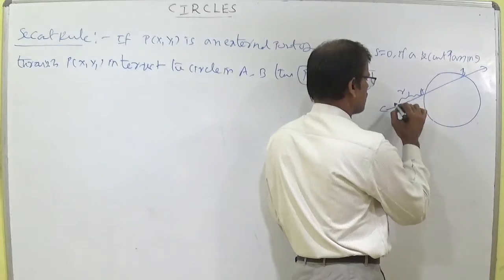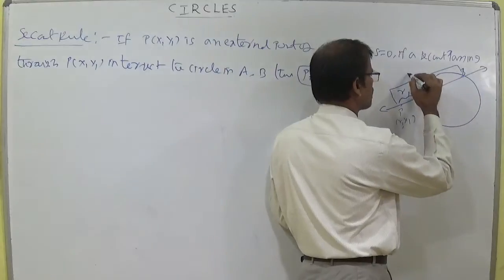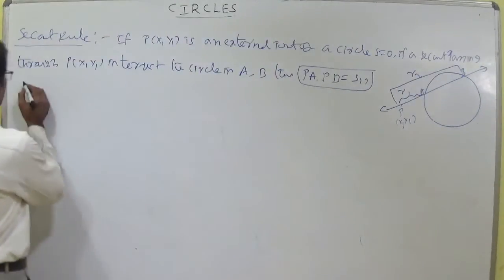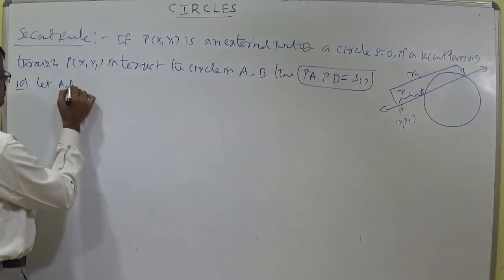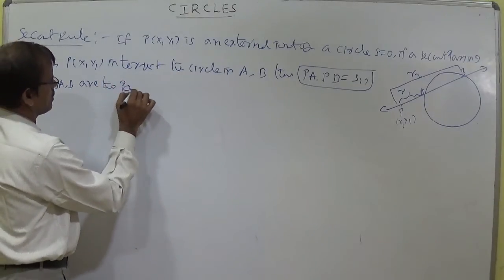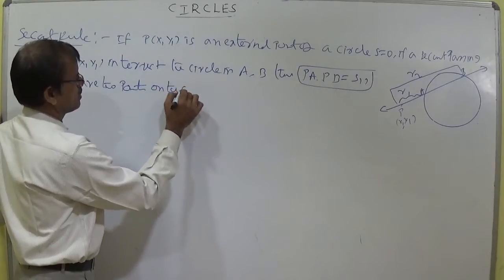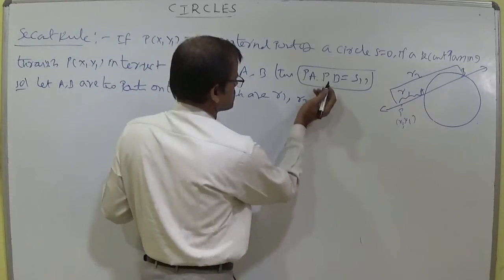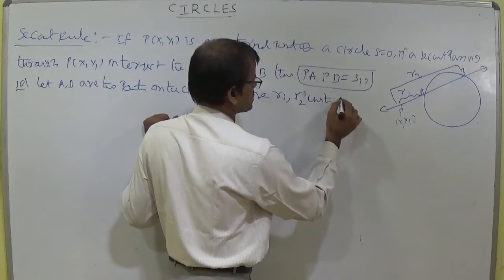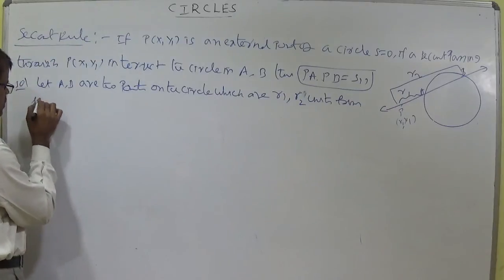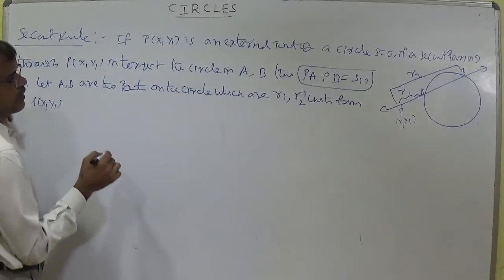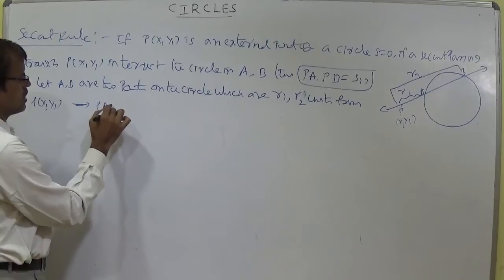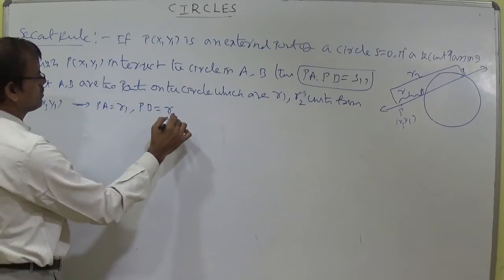So A is r1 units distance and B is r2 units distance from P. Let A, B be two points on the circle which are r1, r2 units from P(x1, y1). That implies PA = r1 and PB = r2.